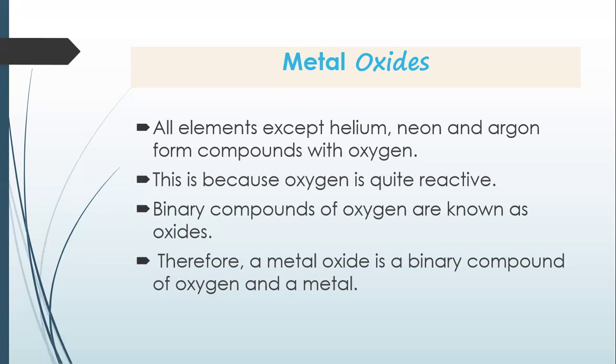Binary compounds of oxygen are the ones that are called oxides. Therefore, a metal oxide is just a binary compound of oxygen and a metal. So that's the simple definition of metal oxides: a binary compound of oxygen and a given metal.